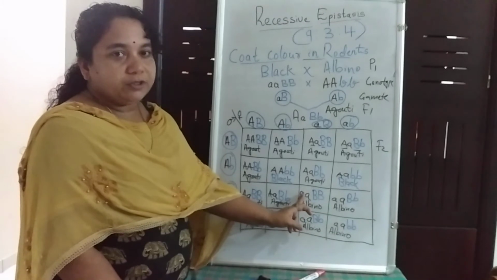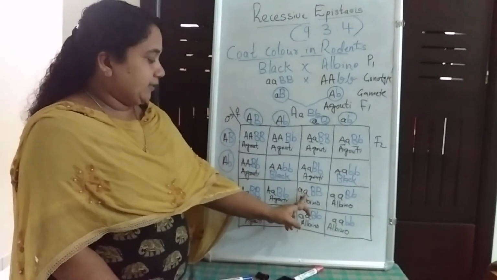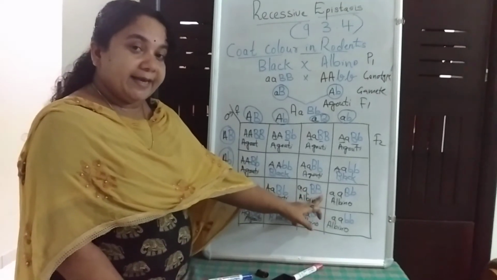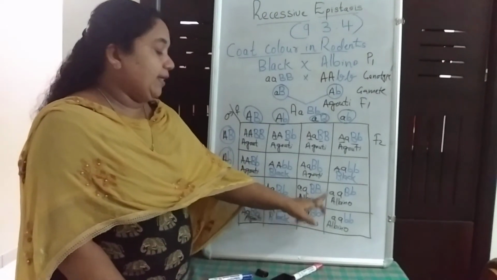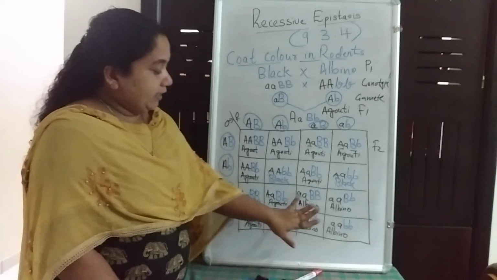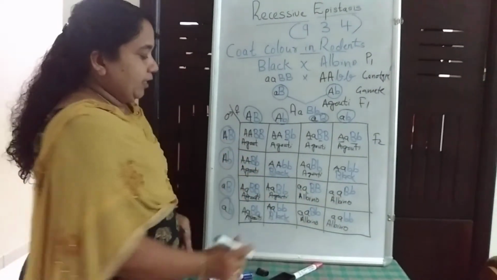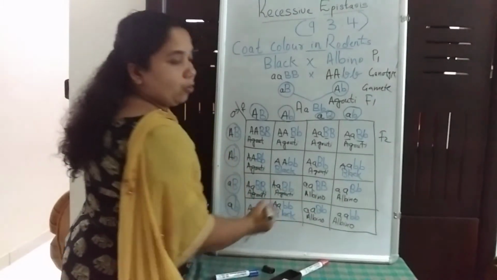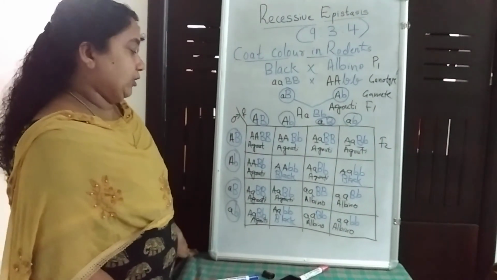Why? Because this small a gene has a control to suppress the expression of capital B gene. So these progenies, even with the B condition, are all albino.